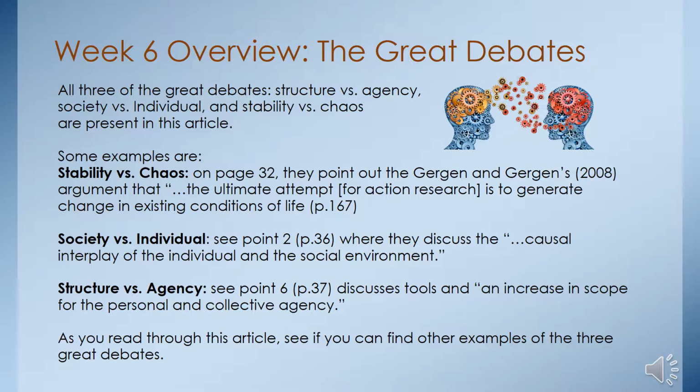On page 32, they point out that Gergen and Gergen's 2008 argument that the ultimate attempt for action research is to generate change in existing conditions of life. Page 167. Society versus individual. See point 2, page 36, where they discuss the causal interplay of the individual and the social environment.